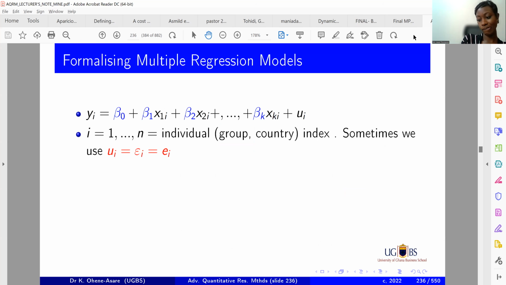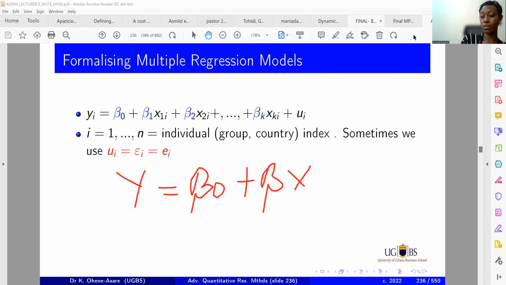Ladies and gentlemen, when you look at the standard regression model, you have a dependent variable, and this dependent variable is a function of a constant, and then a function of an independent variable, and then a function of another independent variable, on and on until you get the final thing known as the error term. This is a regression model.